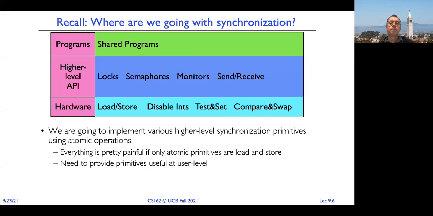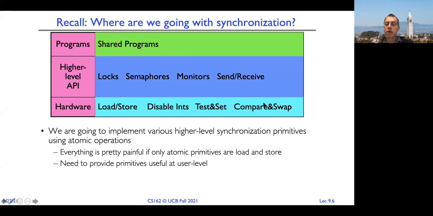So, where we are going with synchronization. Let's see what we've done. We looked at hardware support: load and store, disable interrupts, test and set, and compare and swap. Test and set and compare and swap are similar, and much more useful than load and store.